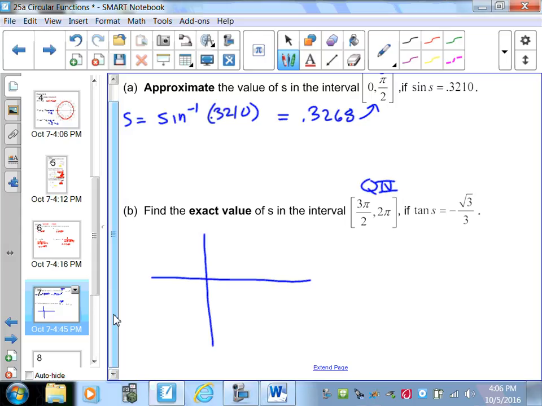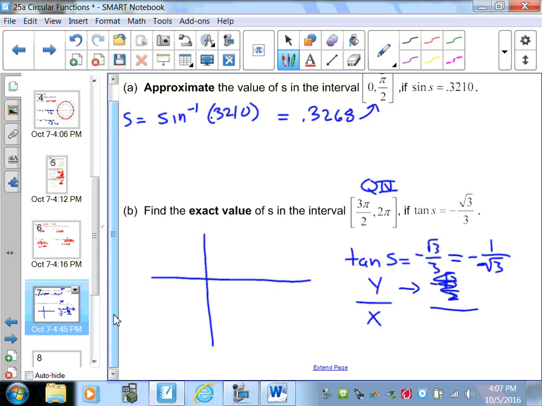So, if you're looking for a tan of s to be negative root 3 over 3, remember tan is some y value over some x value. Actually, let me change that. If we were to undo the rationalization, this would just go right back to negative 1 over root 3.